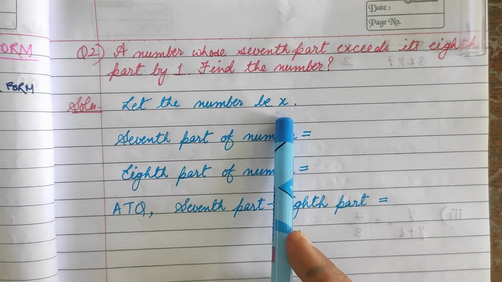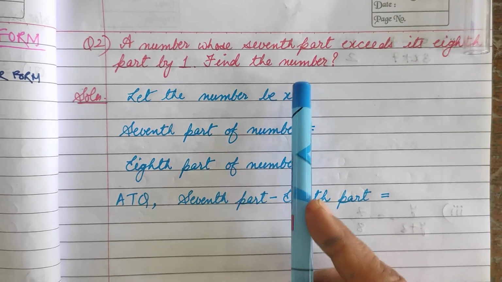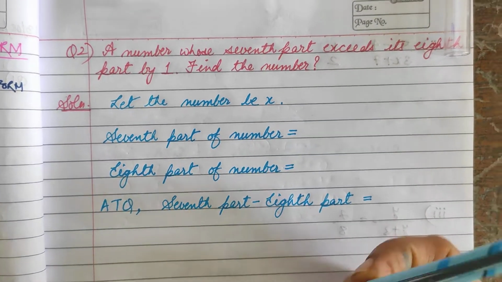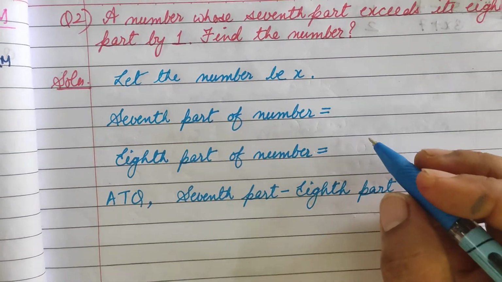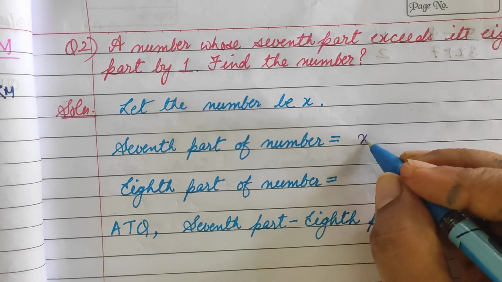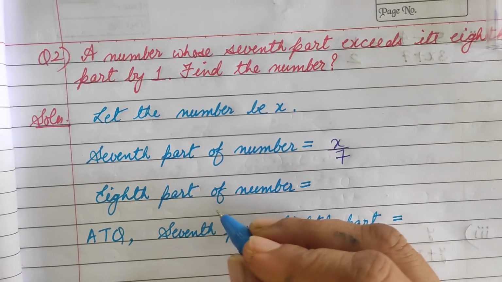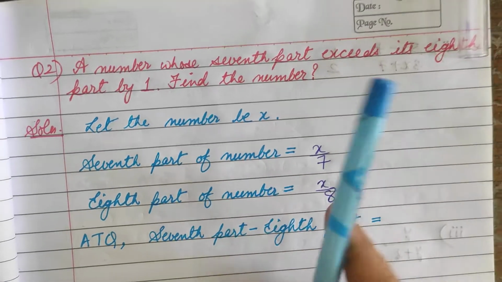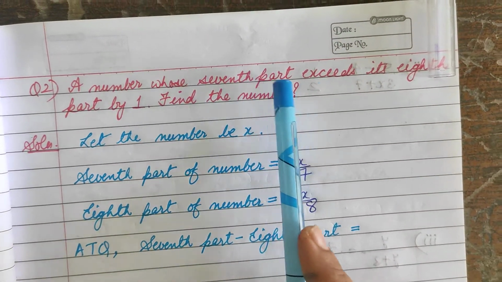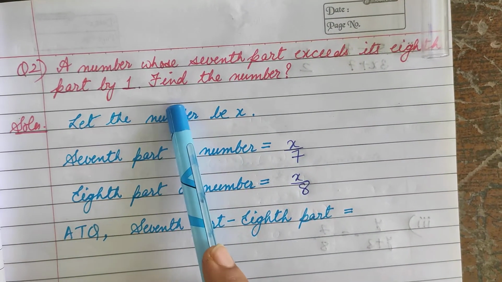So let the number be x. We are representing this unknown quantity by a variable x. Now seventh part of the number, seventh part of x, will become x by 7. And eighth part of the number will be x by 8. Now what is given? Seventh part exceeds its eighth part by 1.